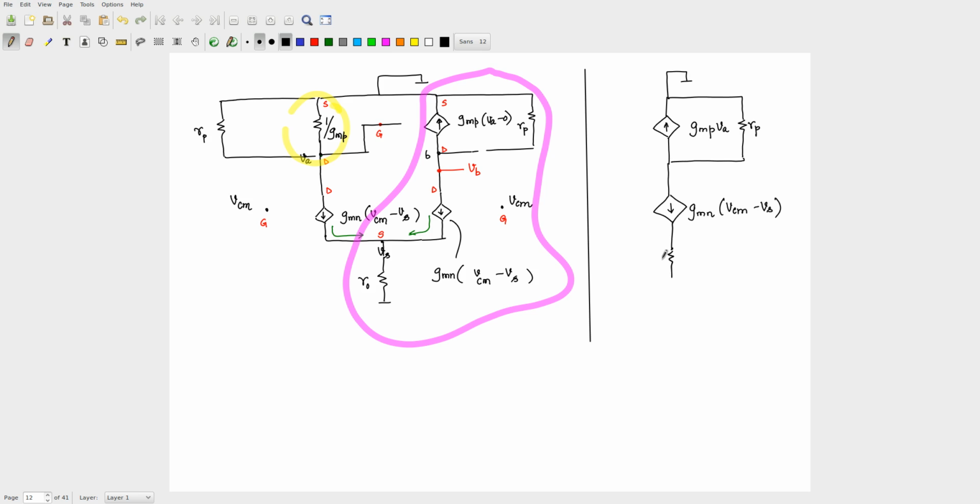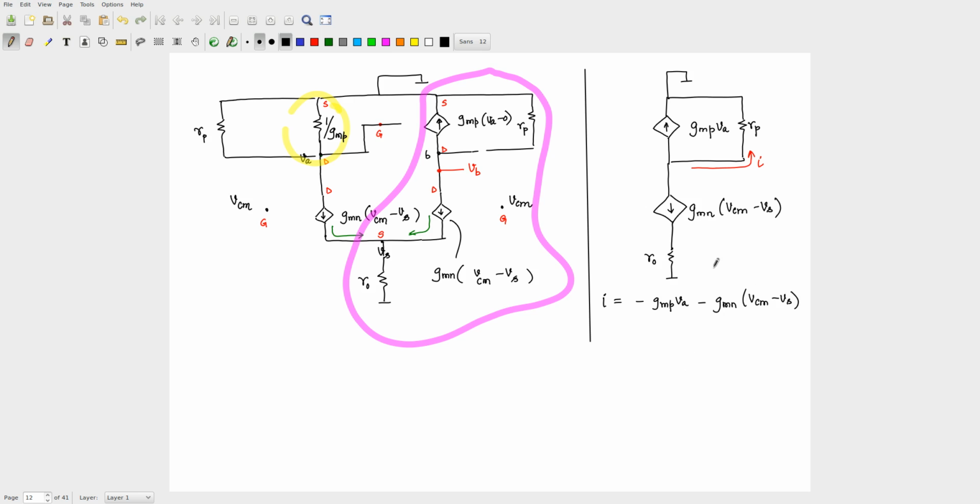Okay, again, if I calculate what my current, let me call the current through this as I. What is that current going to be? I itself would be minus Gmp Va, because then that current will flow down, minus Gmn times Vcm minus Vs. Okay, nothing very fancy here.